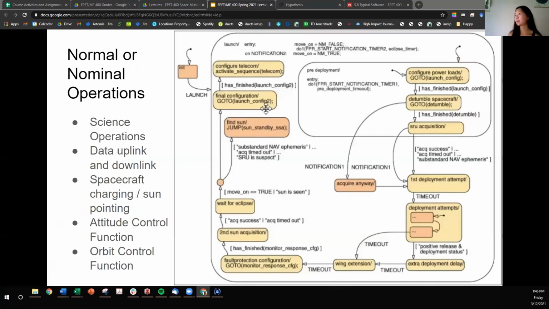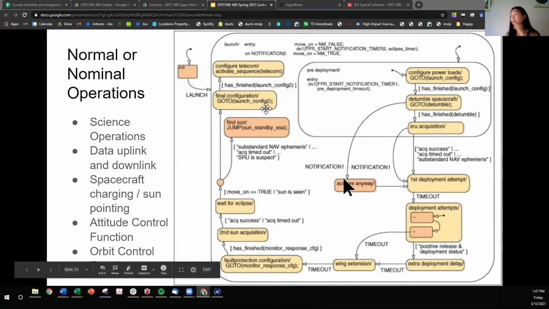All right, so let's dig into what normal or nominal operations could look like. On the right here, I have a diagram that goes more into the detail of the code that transitions modes. So let's just talk about normal operations and then we'll dig into this diagram.